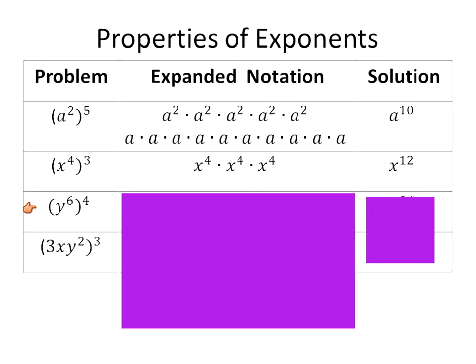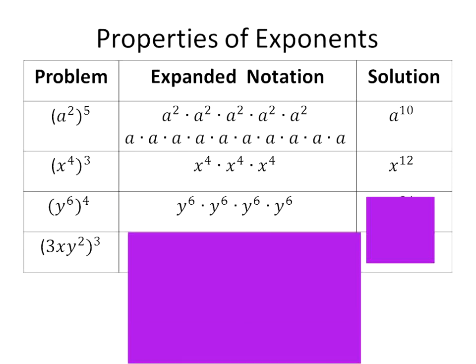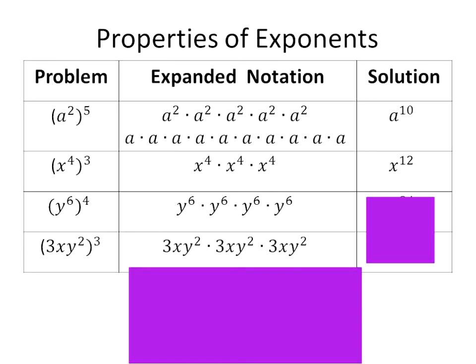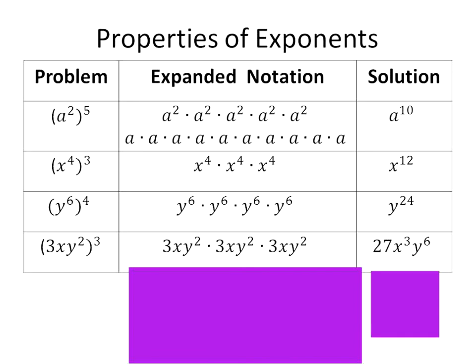I would need 4 of that thing in parentheses, wouldn't I? If there's 4 of those, how many would I have? How many do I have? Okay, and then the last one, I have to write it out. So think about what the rule is for this one.